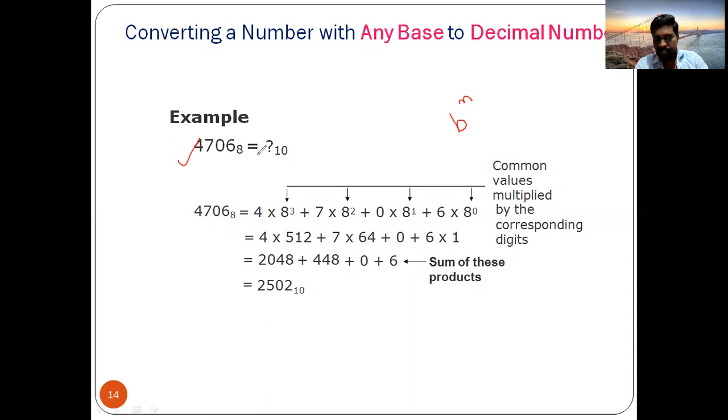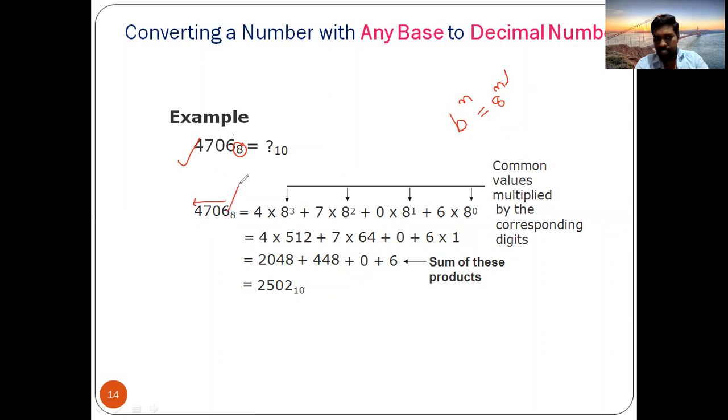What is the base given here? The given base is 8. So for the current question, the scaling factor is 8 power n, and n is decided by the position of the digit. Starting from right side to left side, I need to start the process.